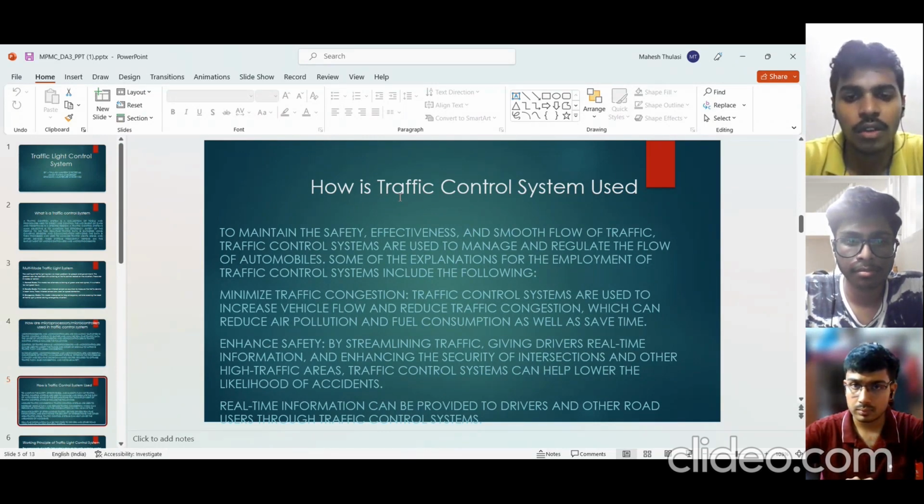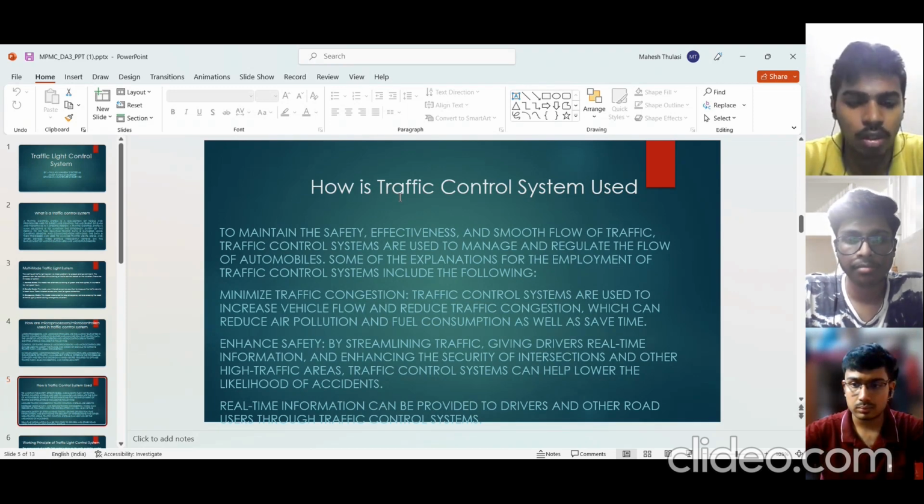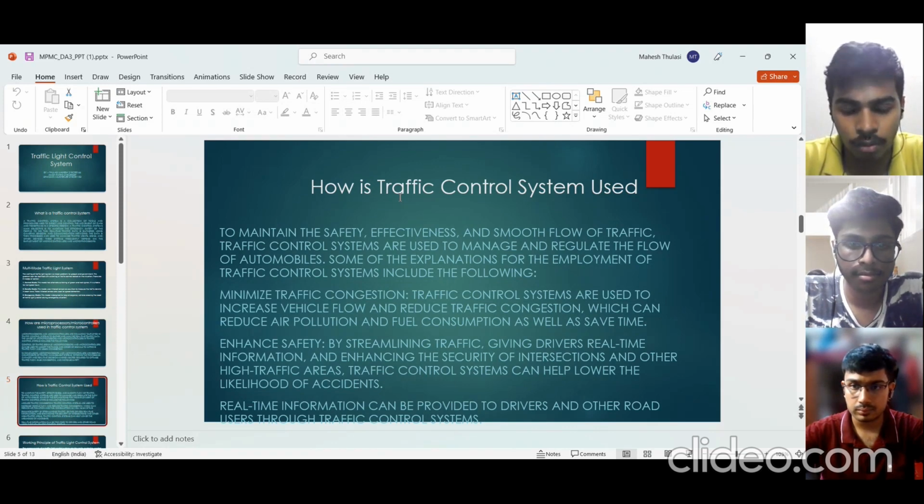There are many reasons for which we use the traffic light control system, like to minimize the traffic congestion. When all of a sudden cars or buses come together, we can't move on the road because we get congested. At that time we use traffic control systems. That is the main motto of our microcontroller project, to minimize the traffic.